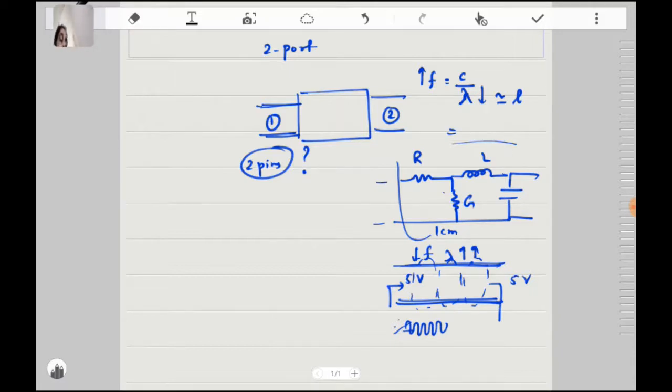In a simple sentence, at high frequency it is not a simple transmission line, it becomes a distributed line. If you send any signal, we are supposed to receive it at the other end. If the impedance is not matched, the signal will start getting reflected back. So at one input itself there are two waves, incident and reflected. That is the reason we need two lines in each port for high frequency.